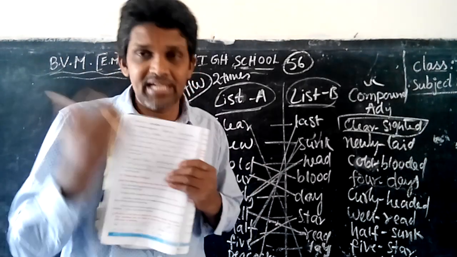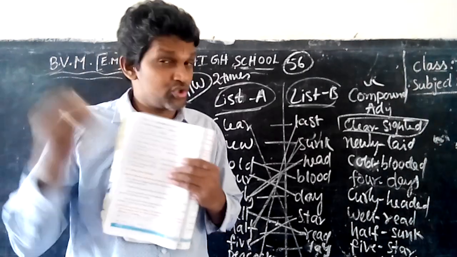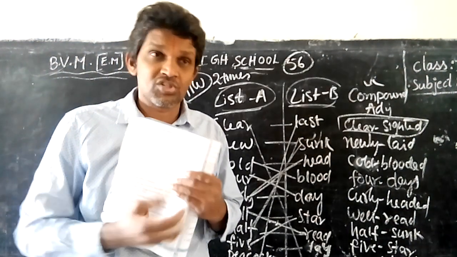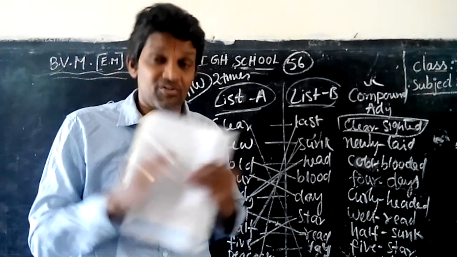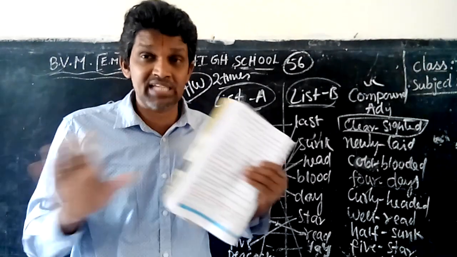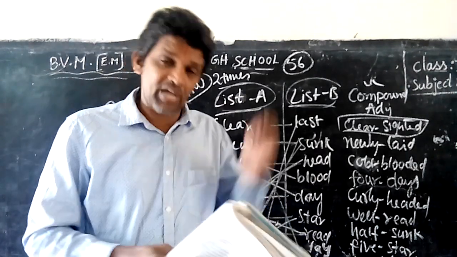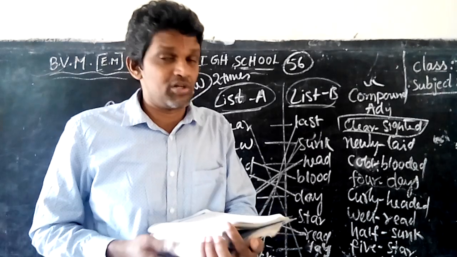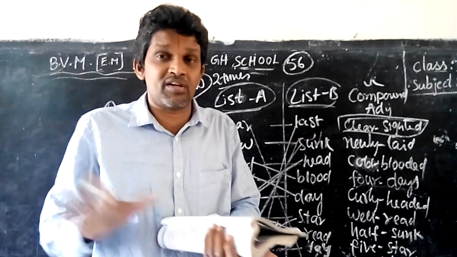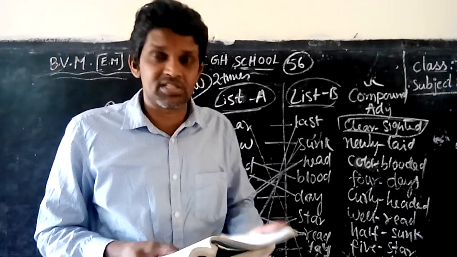So you read these sentences. Those who are not having textbooks, again I am suggesting you download them from the internet free of cost. Nobody is collecting any amount for it. So at least from the internet you download your textbooks and write down the answers. There is no excuse for not doing the homework.